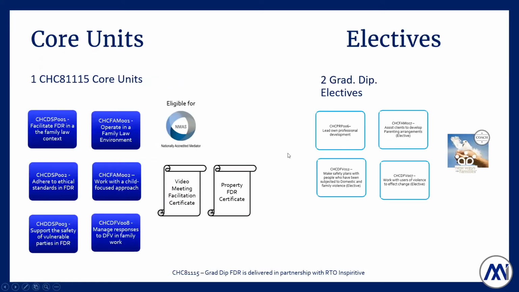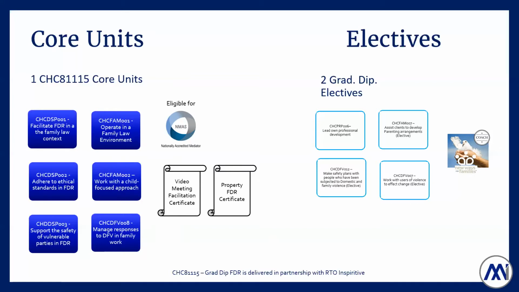The Graduate Diploma of Family Dispute Resolution is made up of 10 units. There are 6 core units, which we've highlighted in the dark blues. Now, Mediation Institute also has some additional bonus courses that are included in our training. If you've got direct entry into the graduate diploma, then our course will more than meet the requirements to be eligible for national accreditation as a mediator.